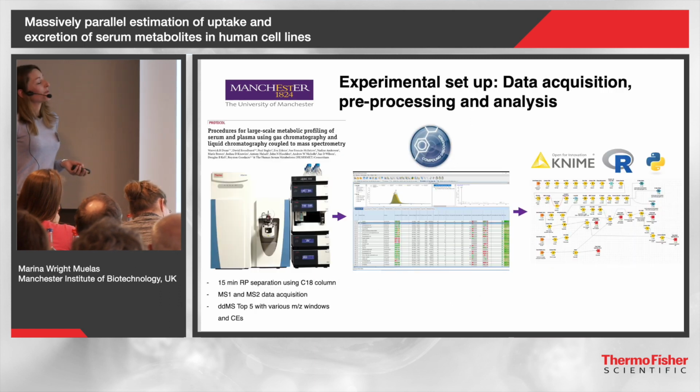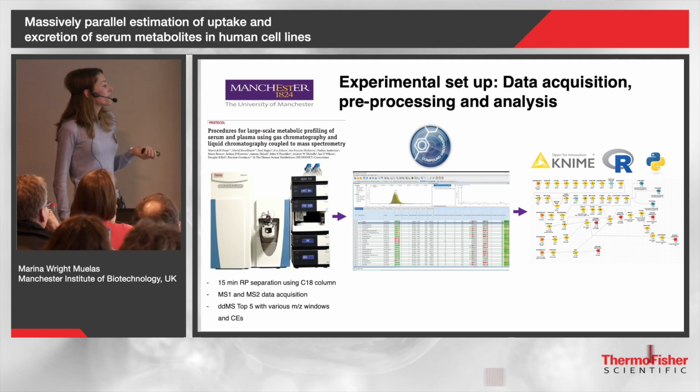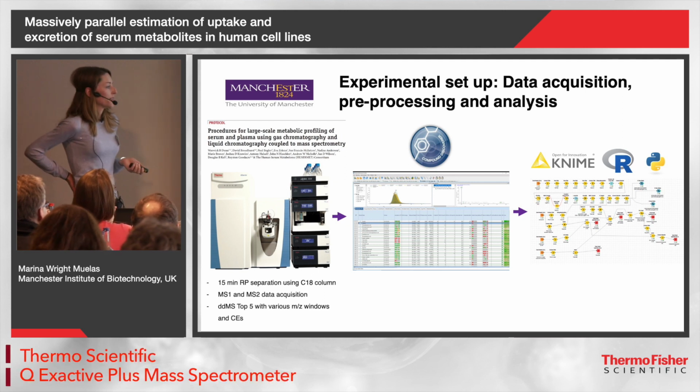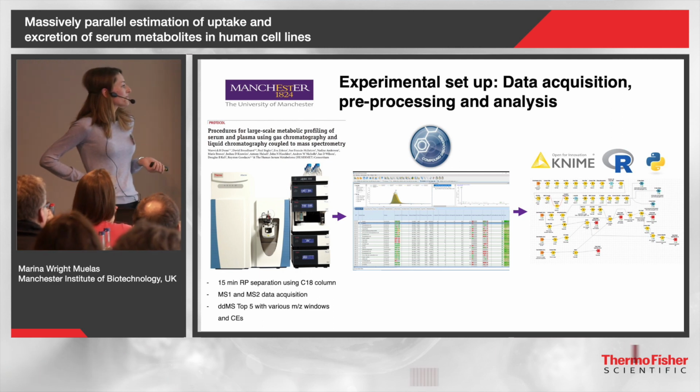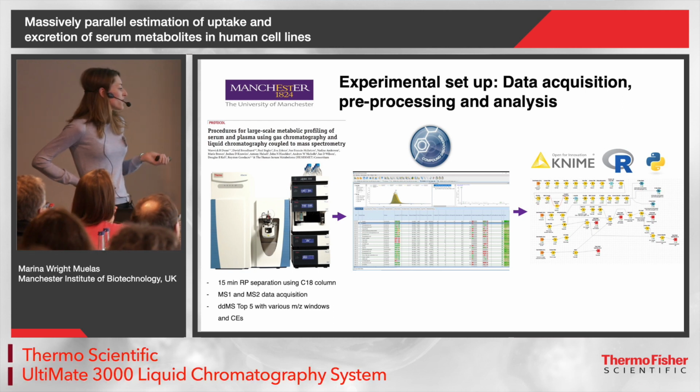So how do we acquire the data? It's mainly based on a Nature Protocols paper by Rick Dunn and colleagues. We're using a QE+. It's not our QE+, it's some colleagues who have very kindly let us use it, with an LC. We're using a 15-minute reverse-phase chromatography separation on a C18 column.